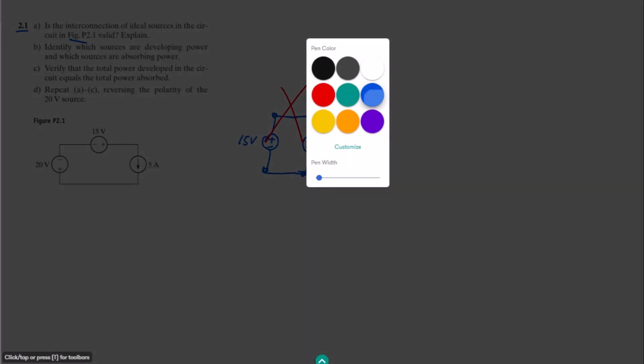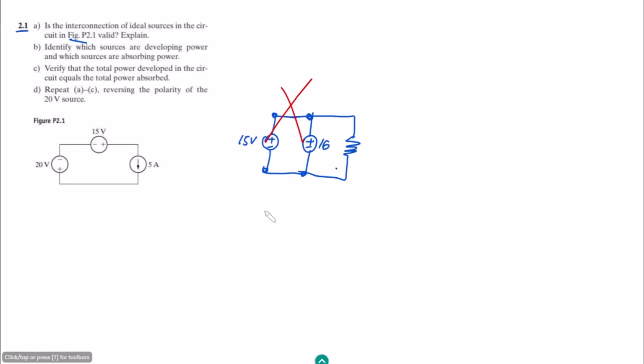Similarly, another type of invalid circuit is if two or more current sources are connected in series and are not the same. Suppose this is 5 amperes and this one is 10 amperes, or somewhat different from this 5 amperes.